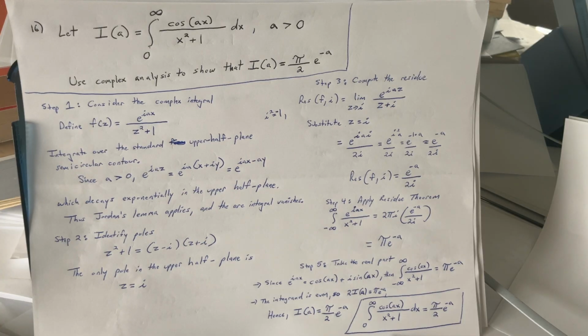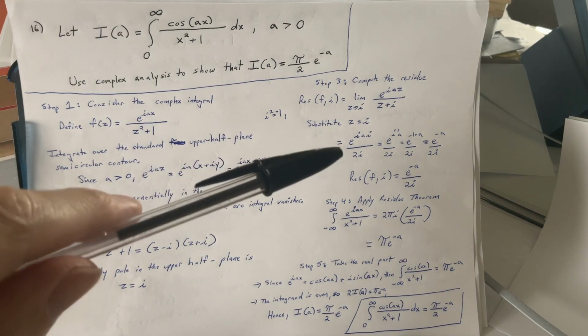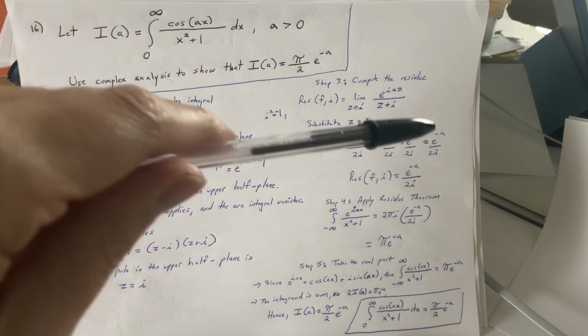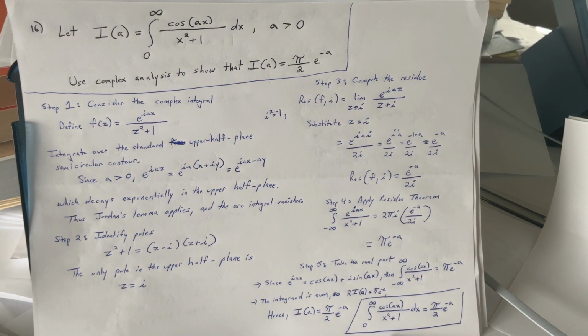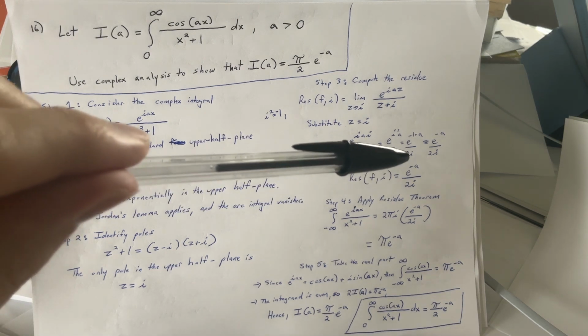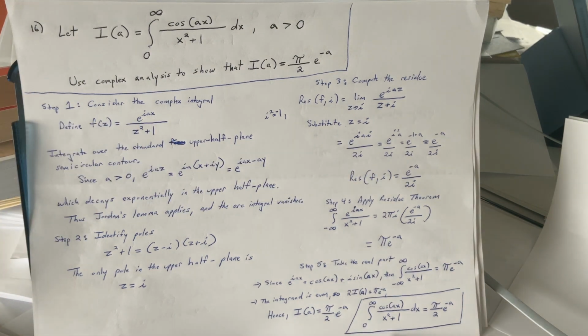Now we can substitute z equals i, and we wind up with e to the a i squared over 2i, which comes out to e to the negative a over 2i. That's our residue there.